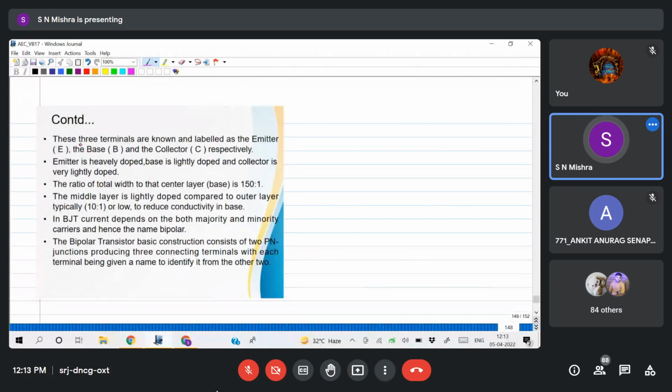And this transistor is a three-terminal device labeled as emitter, E stands for emitter, B stands for base, C stands for collector. At fabrication time, generally the emitter is heavily doped.